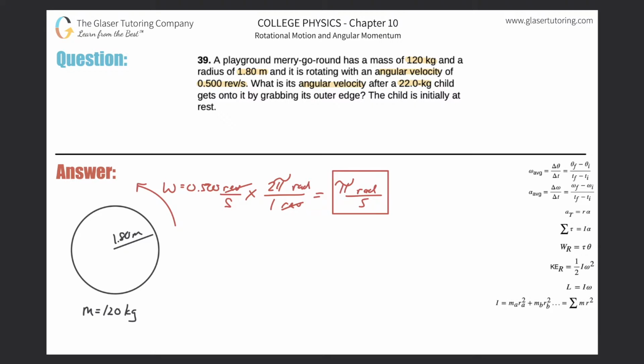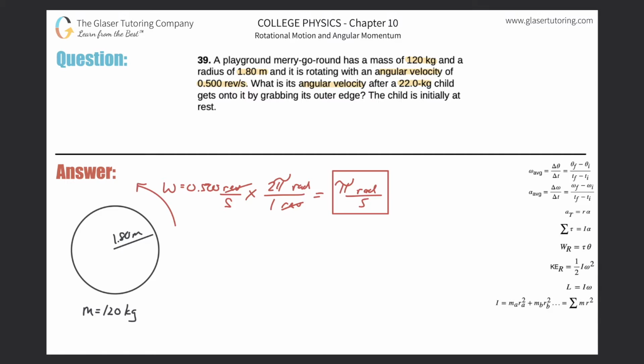Now that that's out of the way, I'm going to think about what conditions hold true in this problem. Anytime we have changing conditions, meaning the merry-go-round rotating without the child, and now the child jumps on and we have to figure out the angular velocity, you want to identify whether anything stays constant.